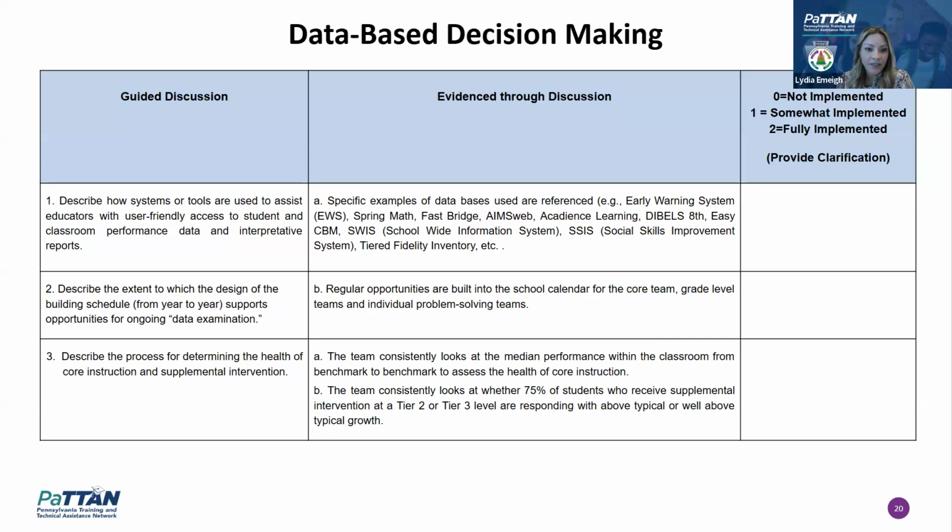Additionally, the LEA team should reflect upon how they determine if students receiving supplemental intervention are adequately responding, such as whether 75% of students receiving Tier 2 or Tier 3 supports are responding with above typical or well above typical growth.